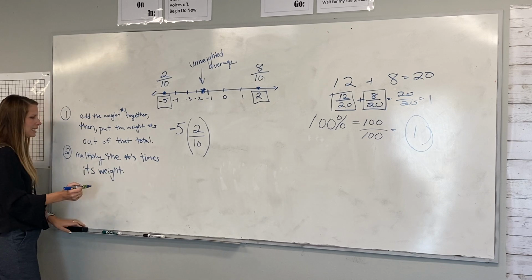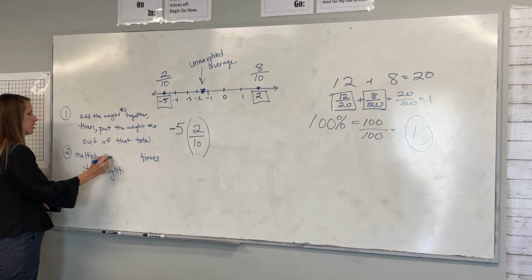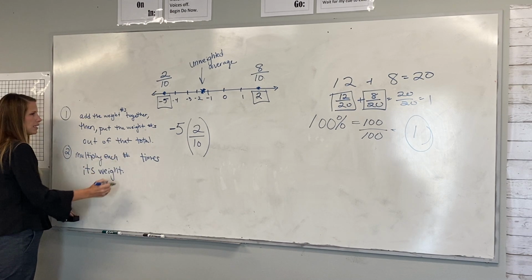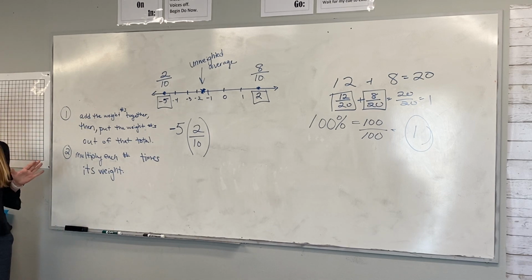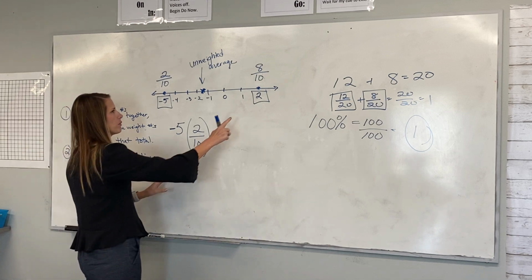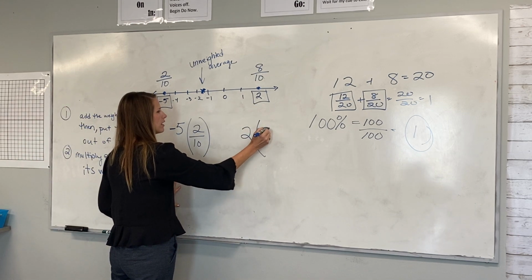Or I should say, multiply each number times its weight. That would be better English. Multiply each number times its weight. So then we've got 2 times its weight, 8/10.